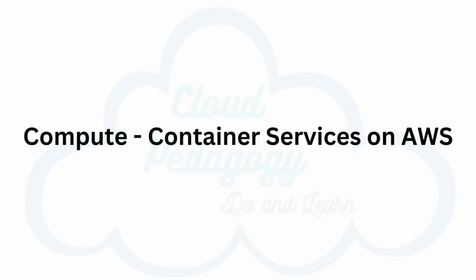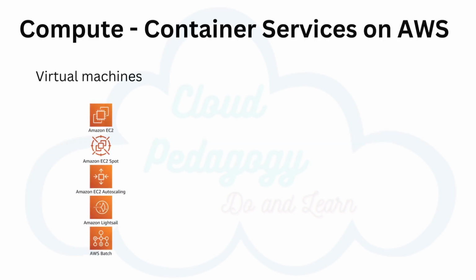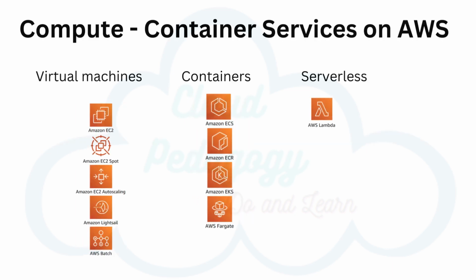In today's session, we are going to learn compute services, which are container services on AWS. AWS offers a broad spectrum of compute offerings that give you the flexibility to choose the right tool for the right job. The three main categories of compute are virtual machines, containers, and serverless.